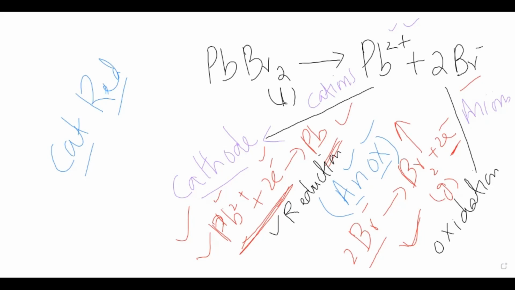Yes. Okay. Now I will give you another example of electrolysis of a molten binary compound that must be ionic, for example sodium chloride. Sodium chloride is an ionic compound.